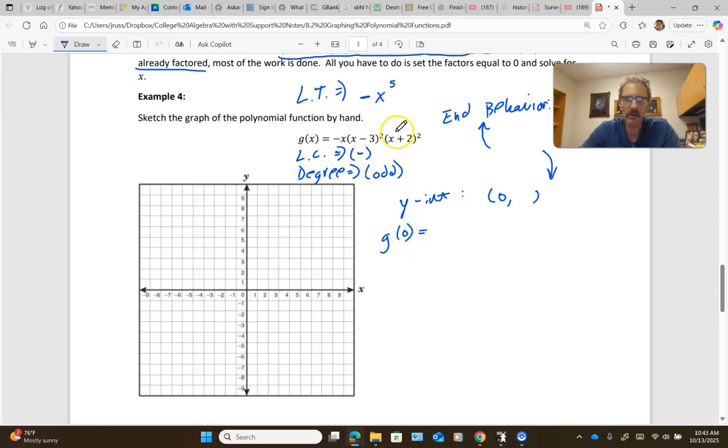Because if you plug 0, you'll end up with numbers in these parentheses. And so if you square those non-zero numbers, here you would end up with 2, and 2 squared is 4. Here you would end up with negative 3, and negative 3 squared is 9. So you have 9 times 4, which is 36.